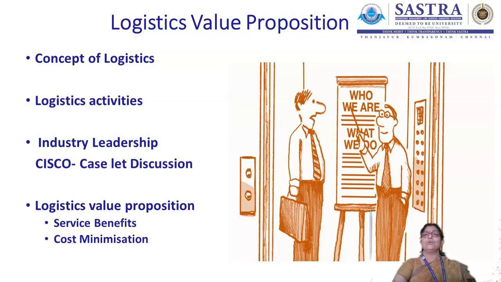So this kind of logistics leadership, the kind of logistics competency in terms of inventory and monitoring the data on a real-time basis, resulted in a competitive edge, or as we could say, industry leadership.